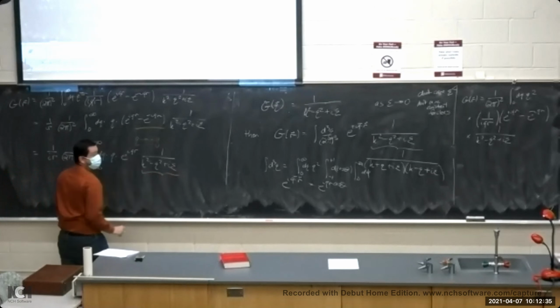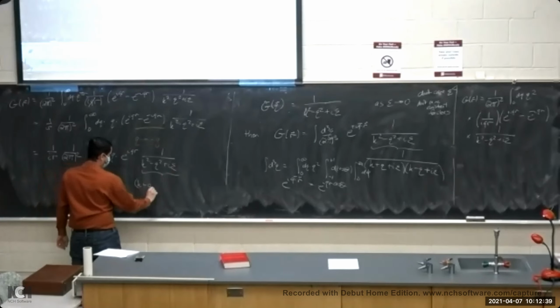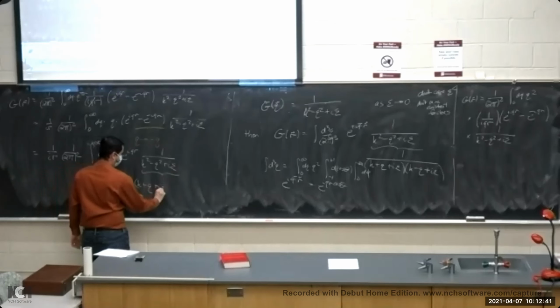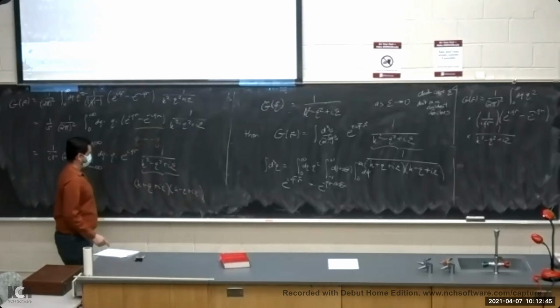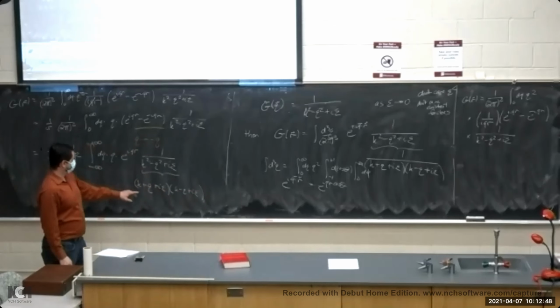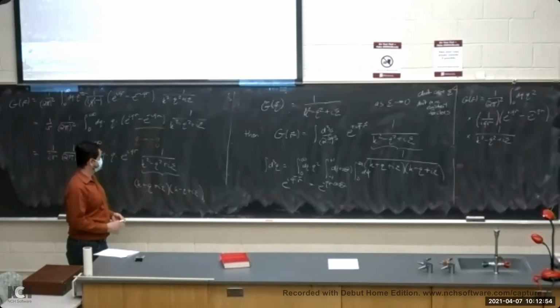So now's the part where I need to know where the poles are. I have convinced myself that what I had is plus i epsilon in both cases. Yes, because then the cross term gives me k plus q times k minus q. So the overall factor is 2k, which is a positive number.